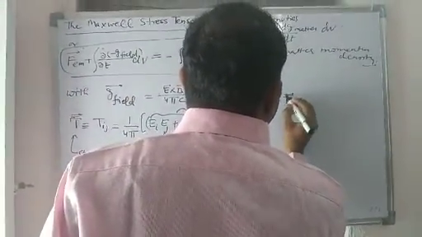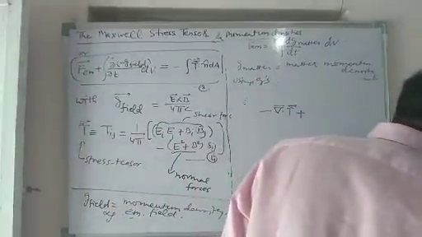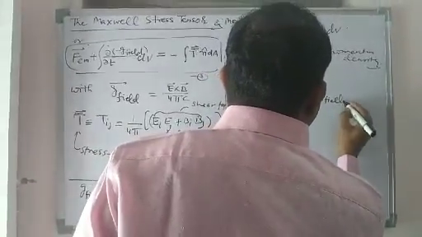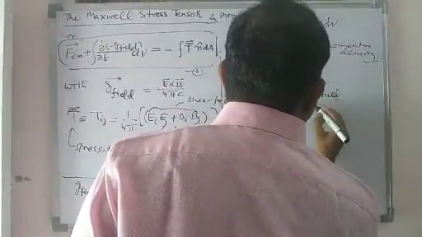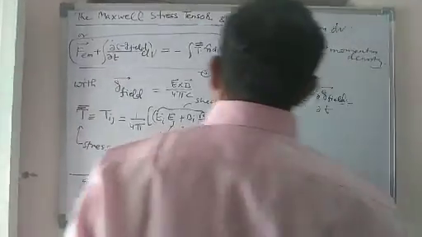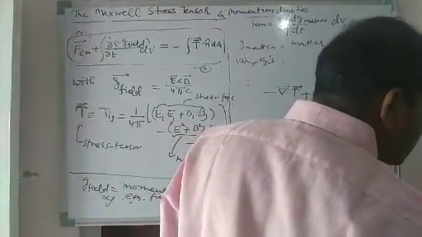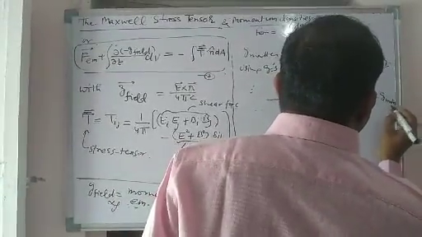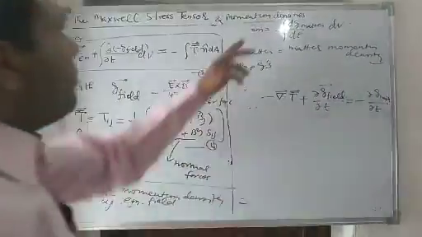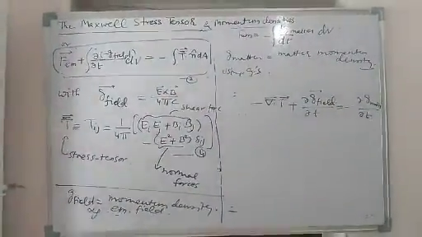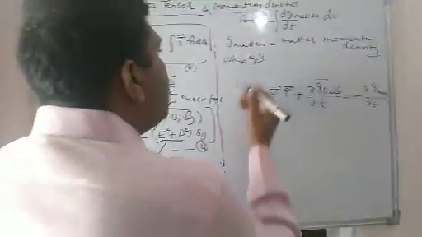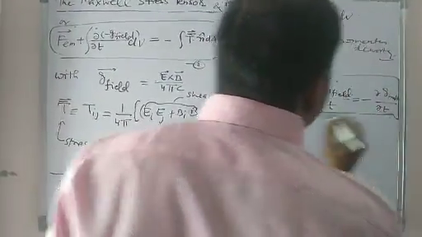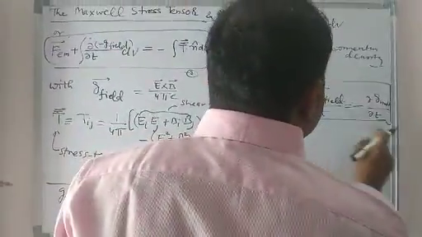So this is again the Y vector plus dg field by dt, that should be equal to F electromagnetic, which is minus dg matter by dt. Now you might ask why I had written minus dg matter. Because I want to write everything along a given direction, that's the outward direction.